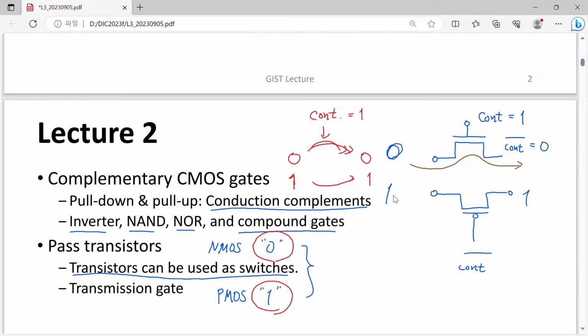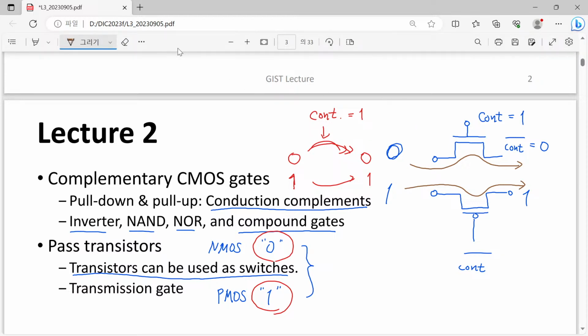And in the case of logical value 1, although the NMOS is not very effective, fortunately the PMOS is very effective at passing our input signal. So by combining them in a parallel way, we can build a logic gate which is quite good at passing the input signal to the output. Okay, so are you with me?